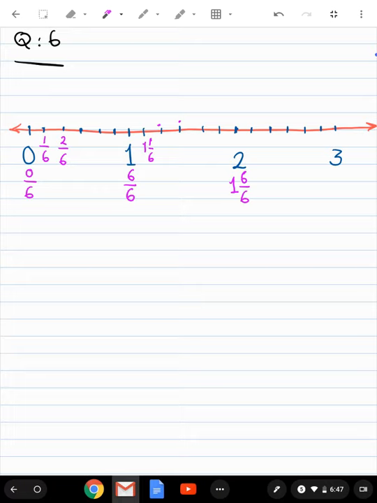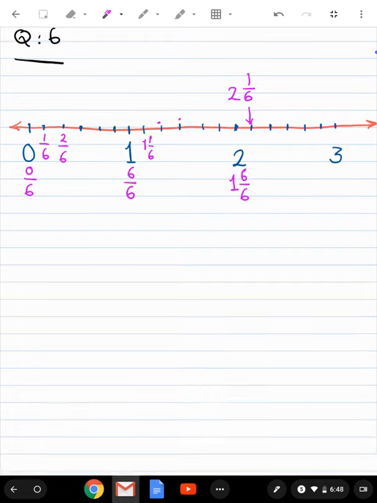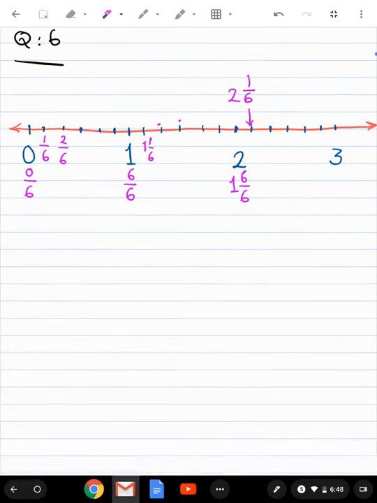After this it will be 2. If I check this place, it will be 2 and 1 out of 6. So now I want to check what is the mixed number represented by this place. We will check here: 2 and 1 out of 6.